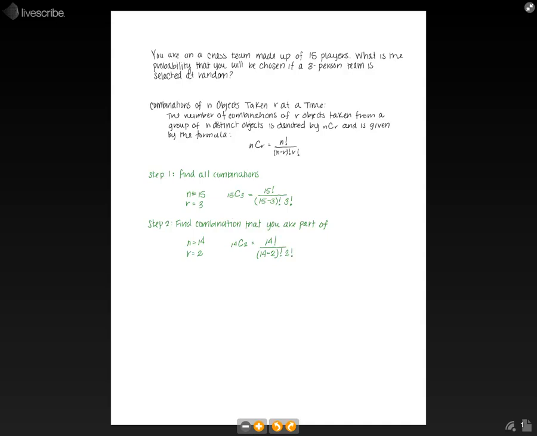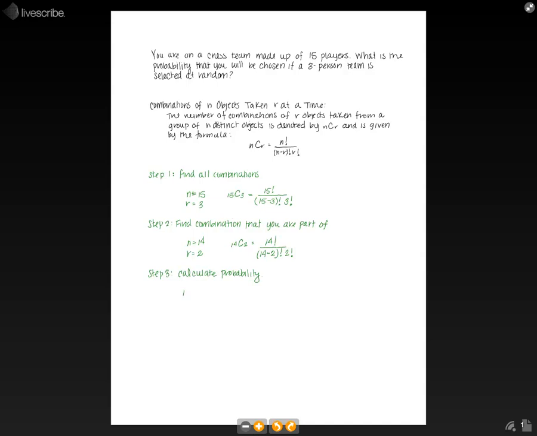Alright, so now we continue to step 3, which is to calculate the probability. To calculate the probability, we're going to put the combinations that you are a part of over the total combinations.